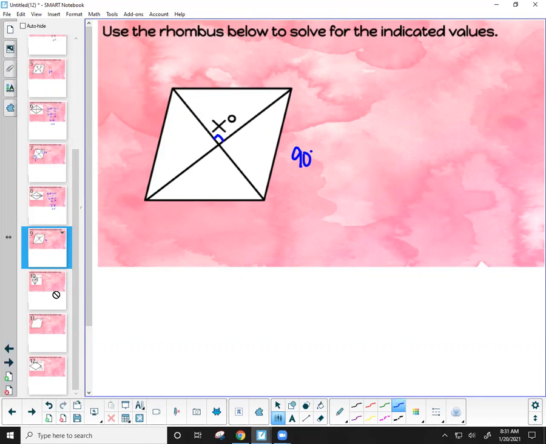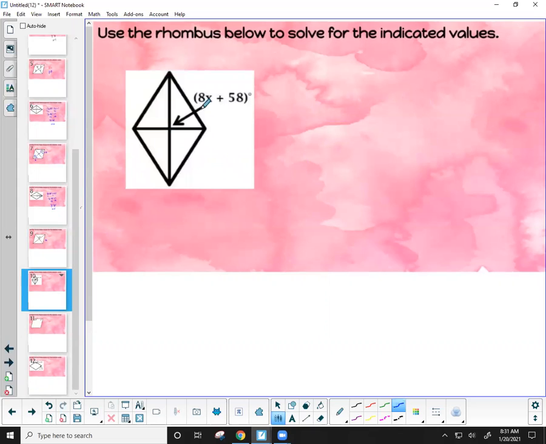So if I have 8x plus 58, we know this angle has to be a right angle, so it has to be equal to 90. If I subtract 58 from both sides, I get 32. So then x has to equal 4.